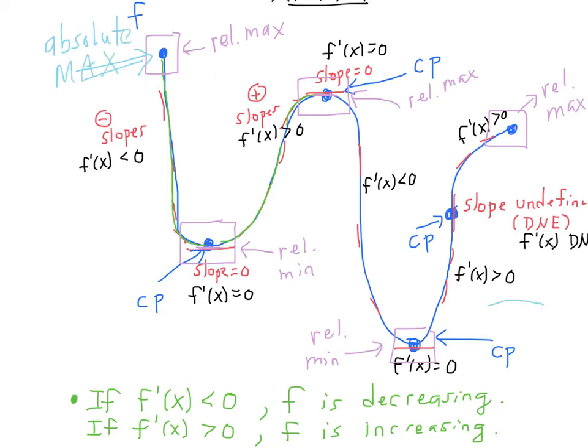And down here at this point, we have our absolute lowest value, so that is our absolute min. Notice that sometimes the absolute min or max occurs at an endpoint, and other times it occurs somewhere in the middle of the function. Okay, so let's take a look at an example.